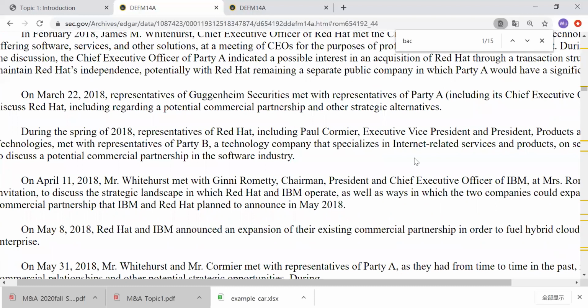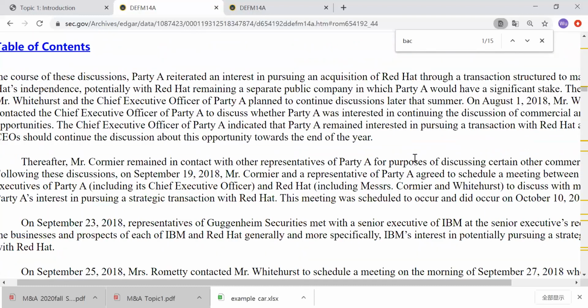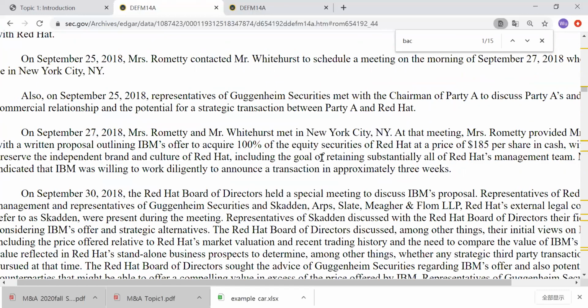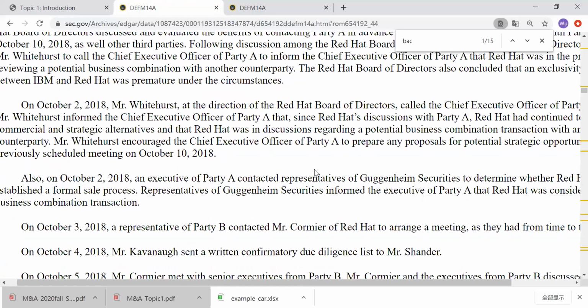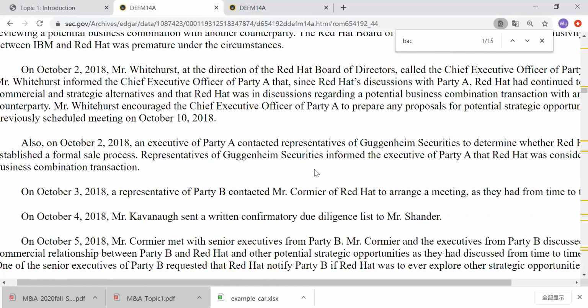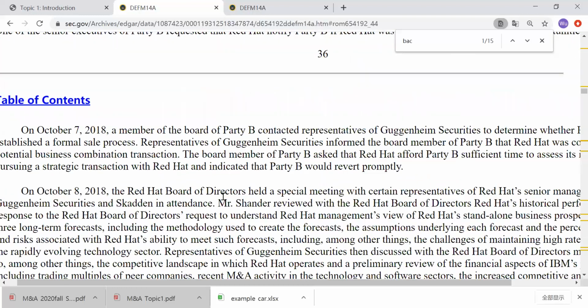Now you can go through the rest of the filing, but basically Party A is involved in this merger negotiation process. And moreover, you can see IBM is also involved, so later IBM joined the bidding for Red Hat. Later Party B, another company, is also involved in the merger negotiation process.